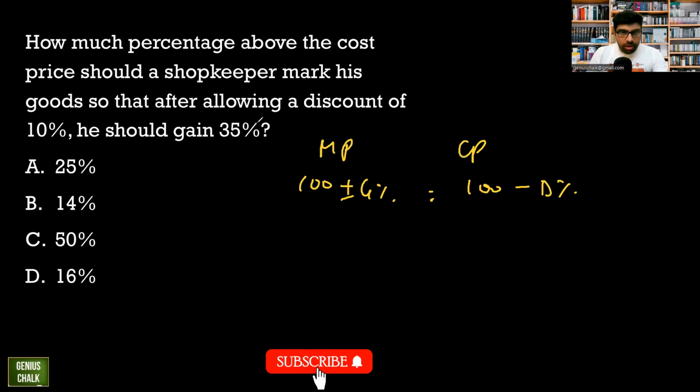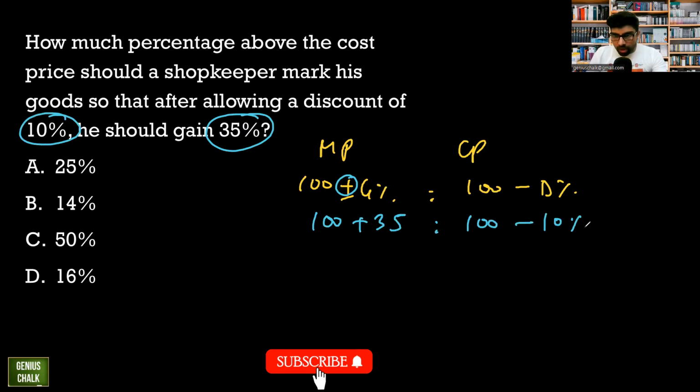Now, what is the gain percent? It is 35. It is gain, so I will use the plus sign. So 100 plus 35 over 100 minus discount percent. The discount percent is 10. So this is 135 and 90. I hope you're getting my point. Because the percentages cancel, 135 over 90 is 9 tens, or we can cancel 15: 15 sixes, 15 nines.